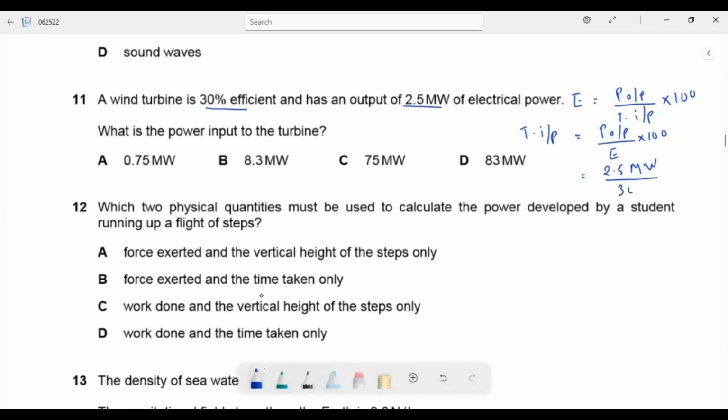Efficiency is 30%, into 100. So while calculating, you'll be getting the answer as 8.33 megawatt. Right answer is B.